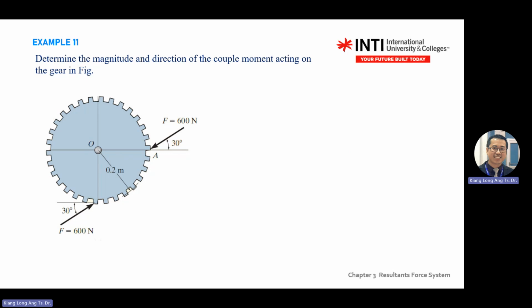So when you split into X and Y, you will see two sets of couples. One is anti-clockwise, one is clockwise, also anti-clockwise.